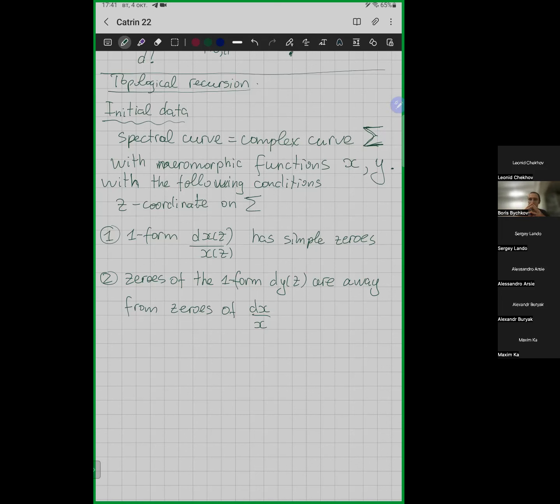This local topological recursion is also very useful, for example, in the connection of all this to intersection theory on the moduli spaces of curves.